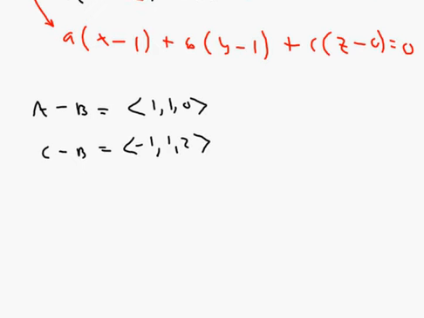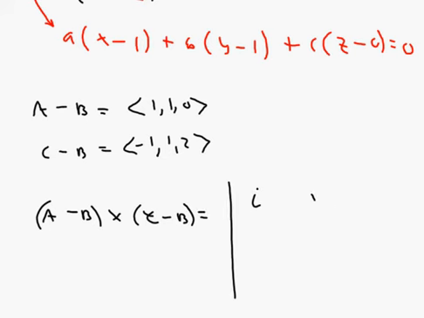Okay, so I just need a cross product of those. So A minus B cross C minus B is going to equal the determinant of this matrix: i, j, k, then 1, 1, 0, and negative 1, 1, 2.